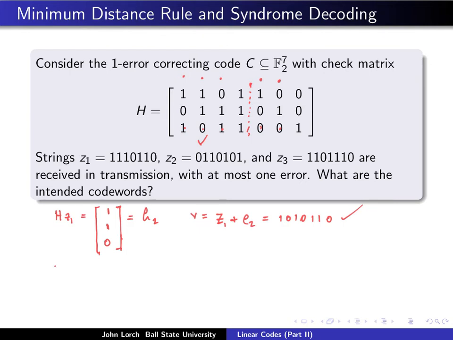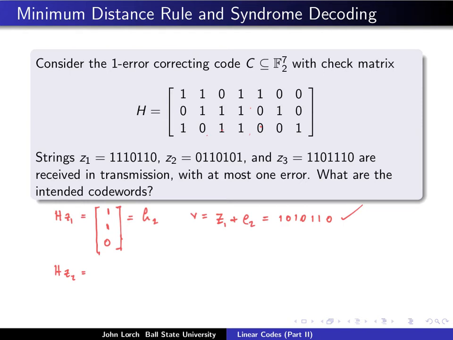All right, so maybe you want to pause the video and try and do the same thing for Z2. All right, so let's erase a little bit of this stuff. All right, now I'm assuming that you've gone and tried to do this.